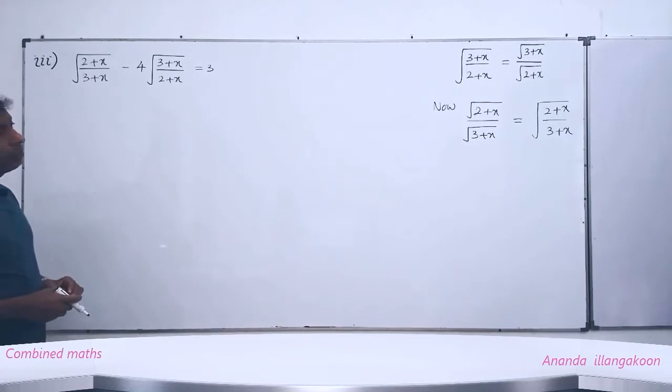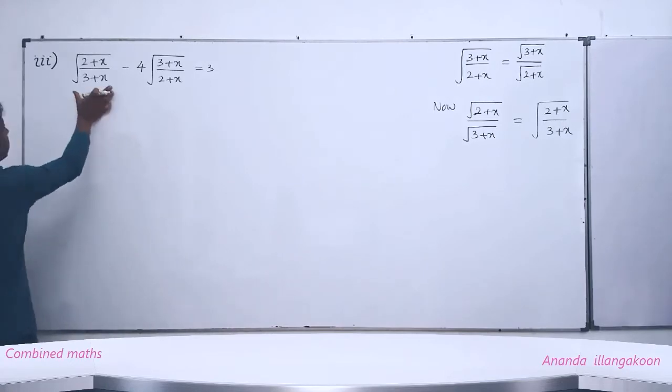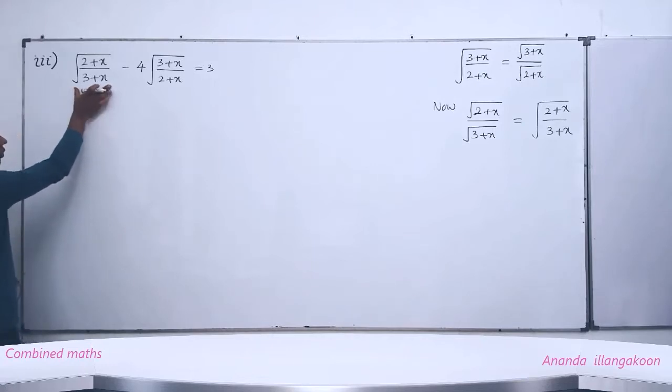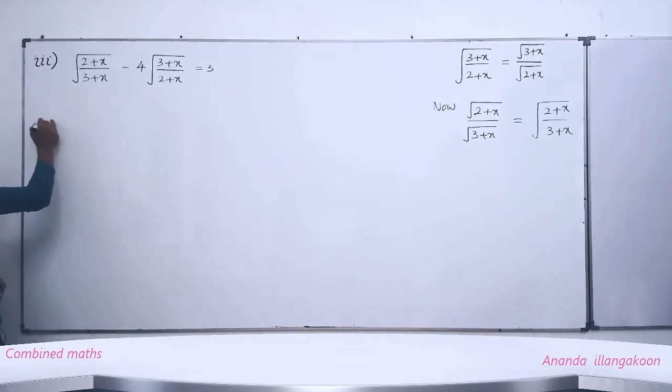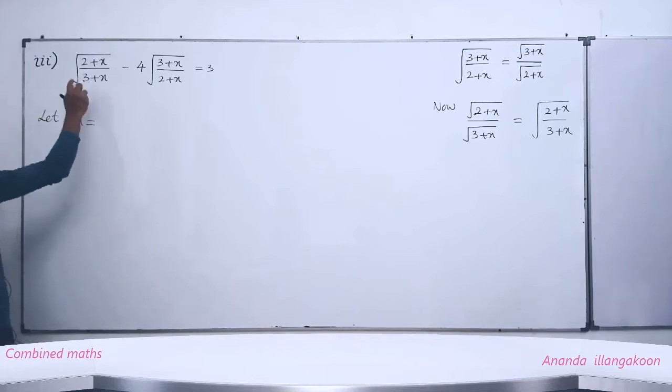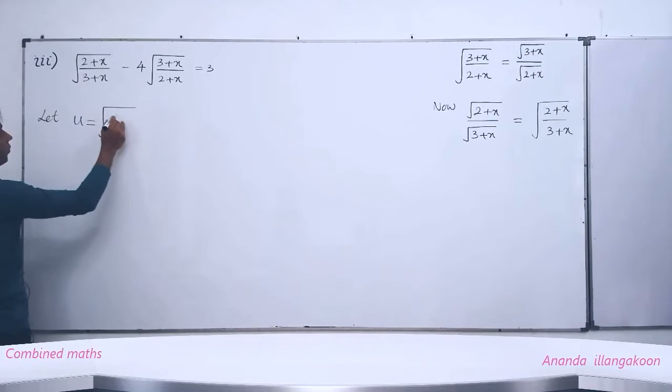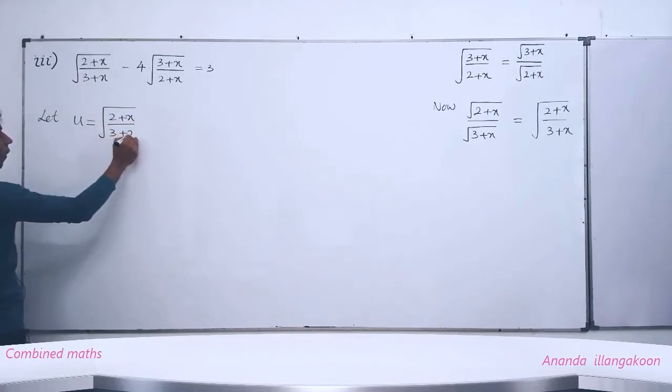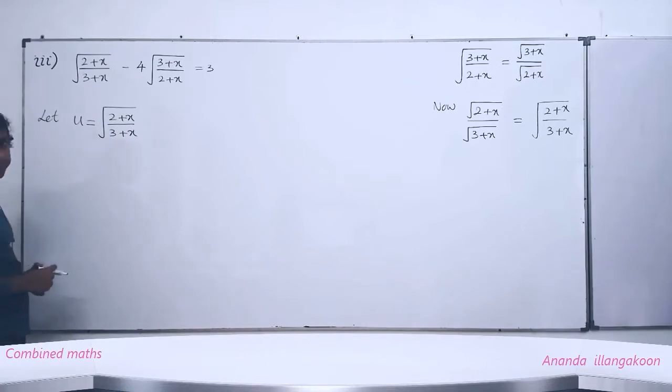Now, can you understand this thing? I'm going to take this as, people, y, or any letter. Suppose I take u as this. Right. U is this.